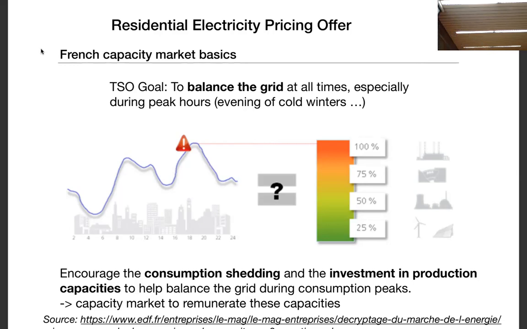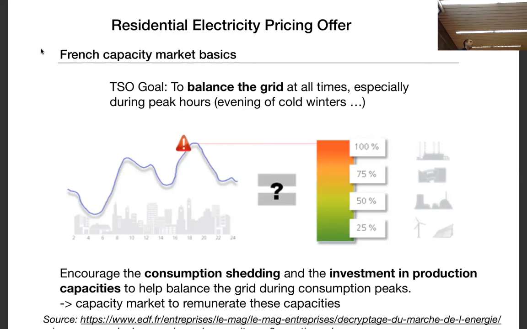This is what happens inside the day. During the night, the consumption decreases. In the morning, you can see the difference here. Between 6 a.m. and 10 a.m., the consumption can be multiplied by 2 or 3 or 4 during winter. Imagine that at the country level, we are speaking in terms of tens of gigawatts. So in 2 or 3 hours, you need to go from 10 or 20 gigawatts to 40 or 50 gigawatts of electricity.